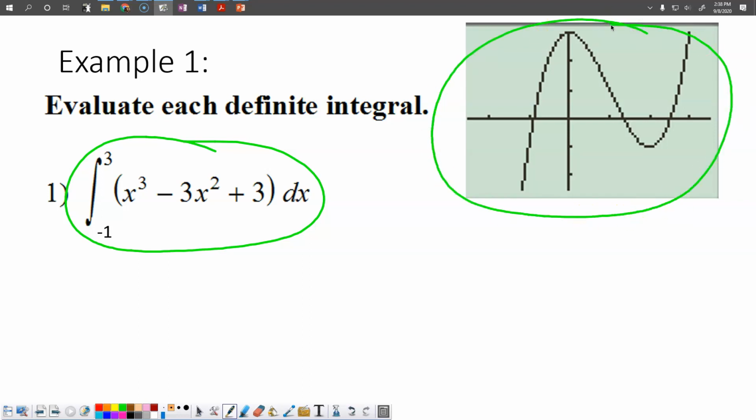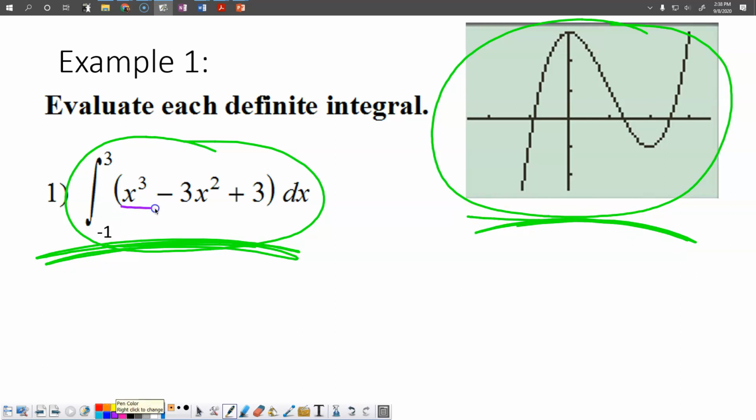I did that on purpose because I want you guys to know how to understand what this means on this picture. So what this means is that this equation right here, x cubed minus 3x squared plus 3, that's this line.